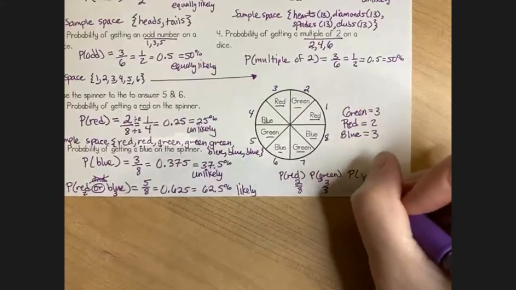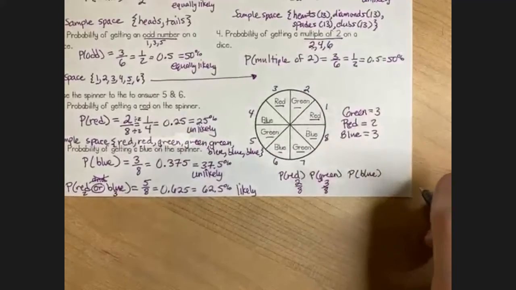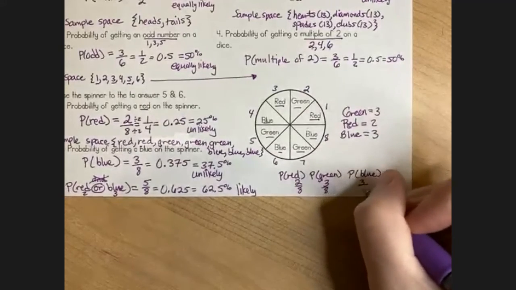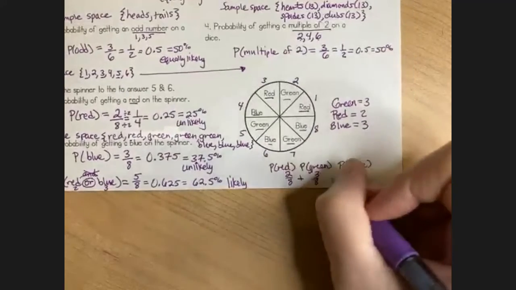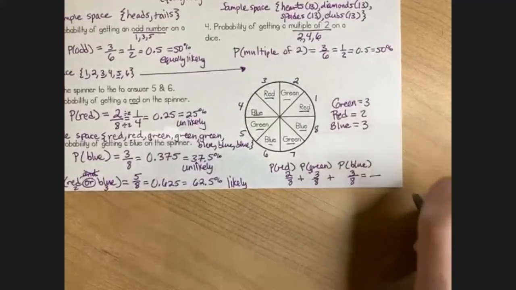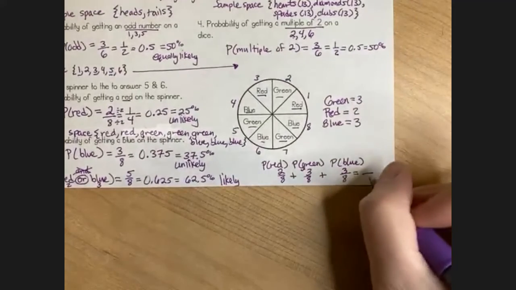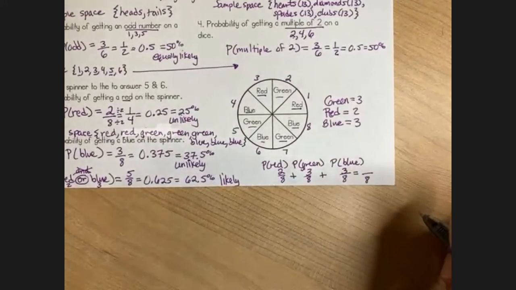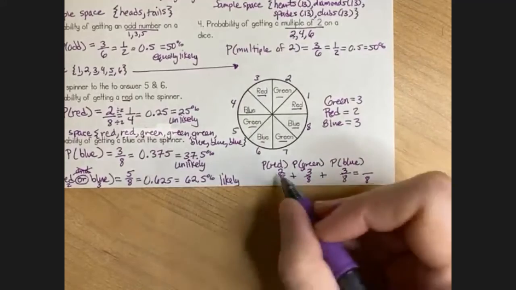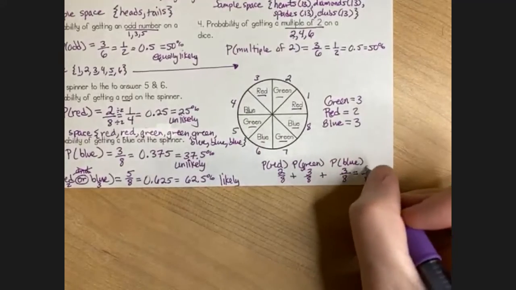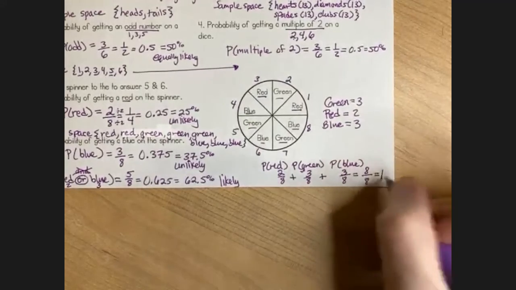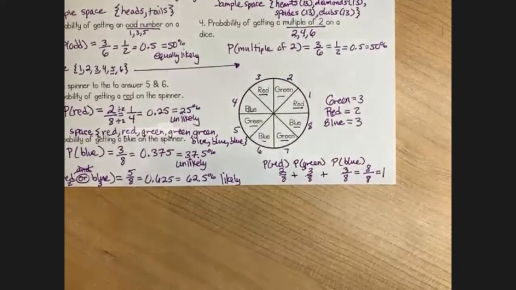And my probability of a blue happening is 3 out of 8. And if I add those fractions together, and just a reminder, when you're adding fractions, the denominator doesn't change. And you add the numerators 2, 3, and 3, that adds up to 8. And that gives me my 1 whole, or my 100%, because those are all the possibilities that exist on my circle.